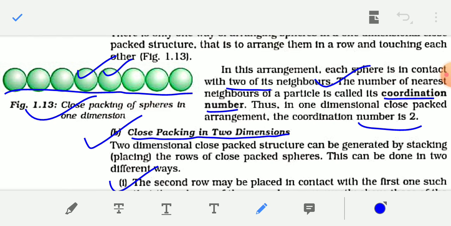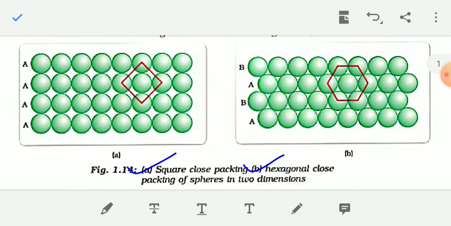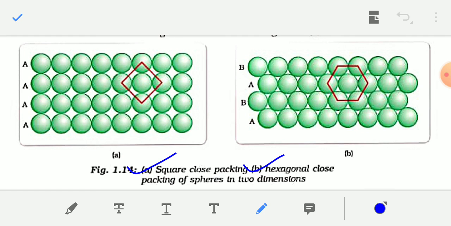There are two different ways of obtaining two dimensional close packing from one dimensional close packing. The first one is square close packing, and the second one is hexagonal close packing. So there are two different types of close packing in two dimensions.